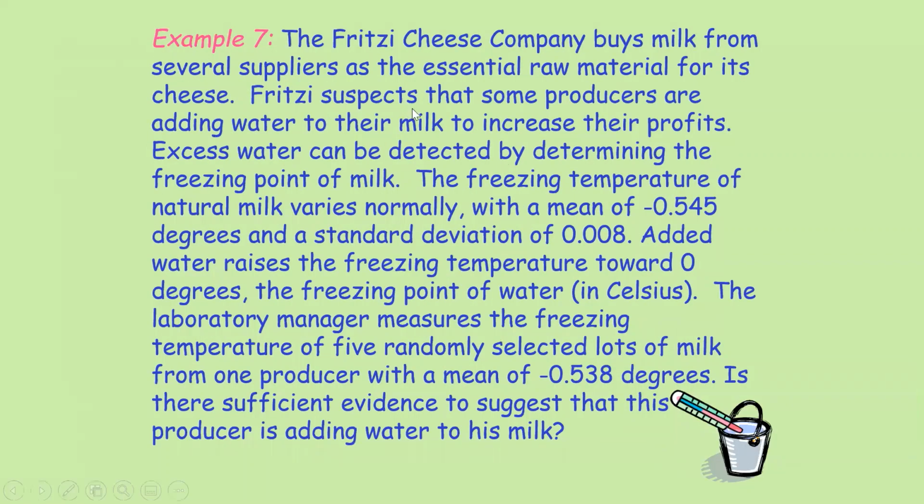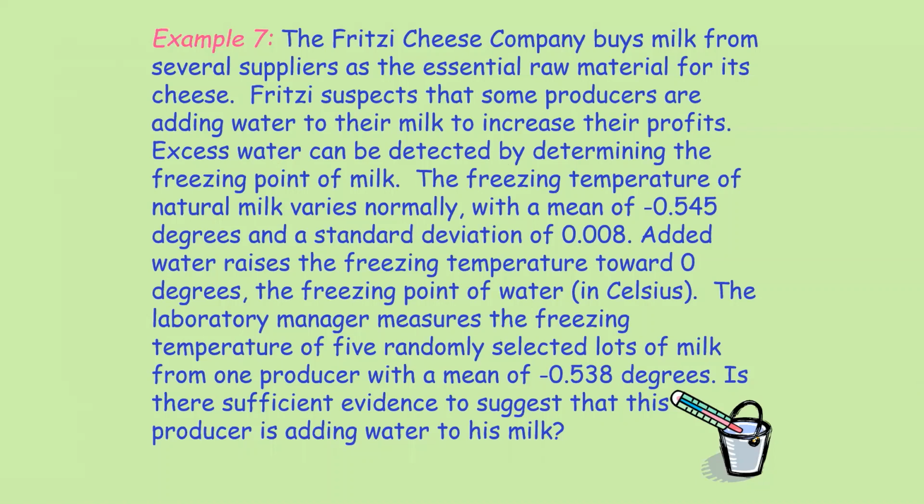So let's look at another example. Here we have Fritz Cheese. Fritz Cheese Company buys milk from several suppliers as the essential raw material for its cheese. Fritz suspects that some producers are adding water to the milk to increase their profits. Excess water can be detected by determining the freezing point of milk. The freezing temperature of natural milk varies normally with a mean of negative 0.545 and a standard deviation of 0.008.